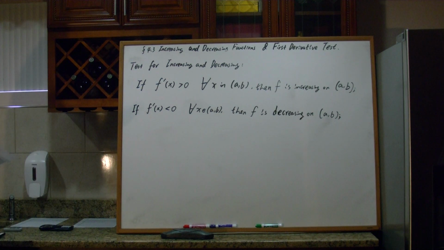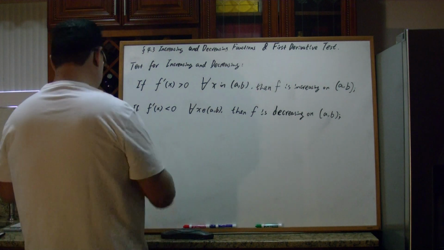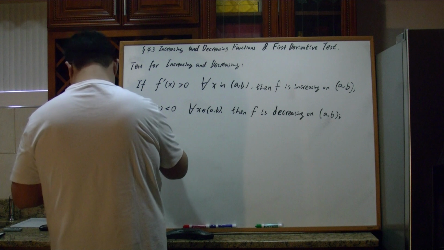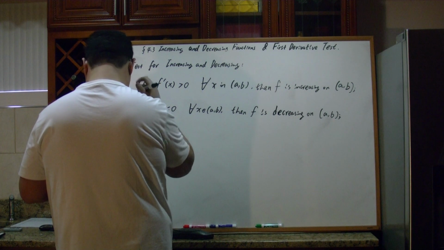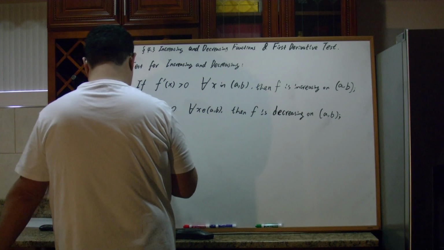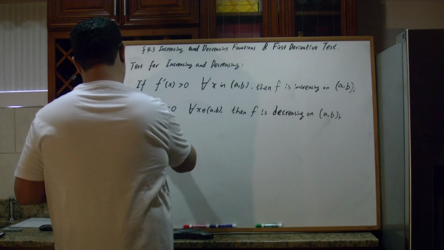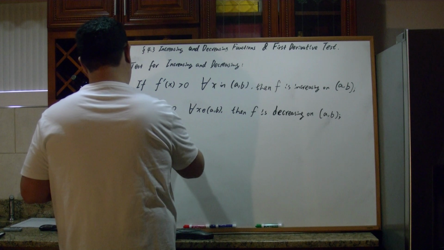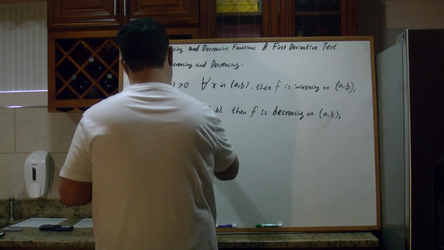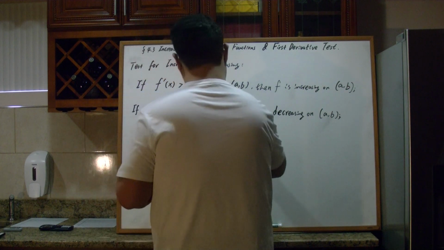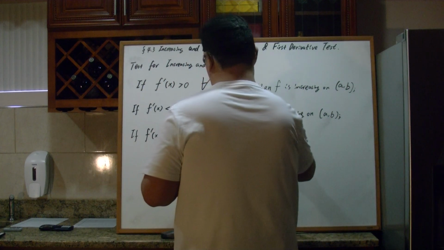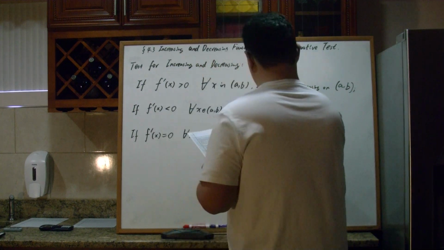So to check for decrease, we need to check that f prime of x is negative. Then if f prime of x equals 0 for all x in (A, B), then f is constant.